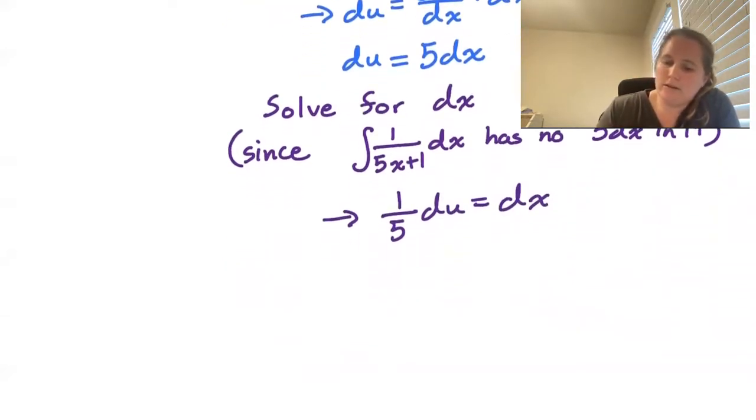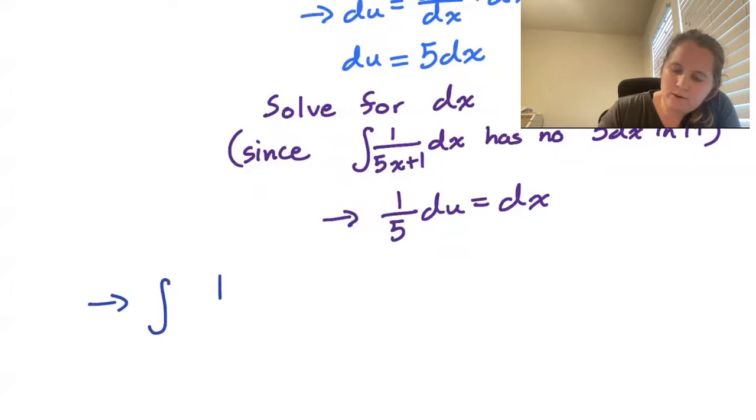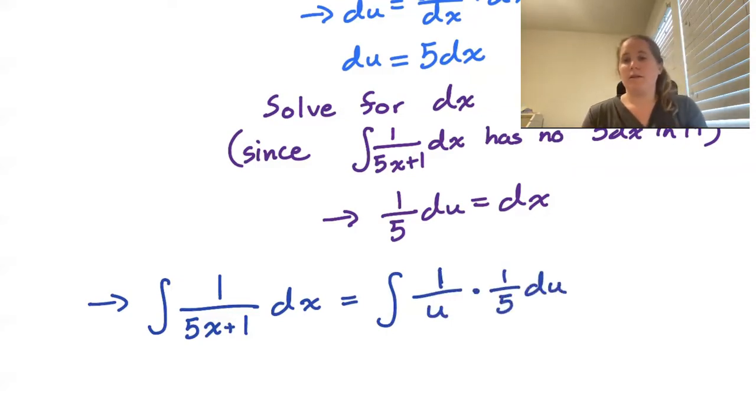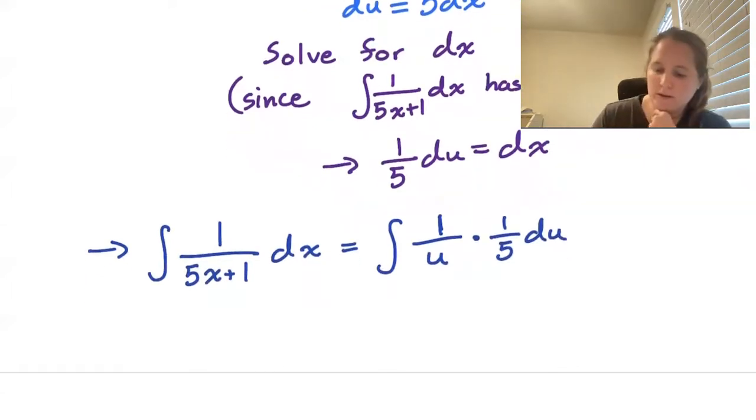So going back to our integral, the integral of 1 over 5x plus 1 dx is the same thing as the integral of 1 over u, and then dx is 1/5 du. So I'm looking at the integral of 1 over u times 1/5 du, otherwise known as 1/5 times the integral of 1 over u du.